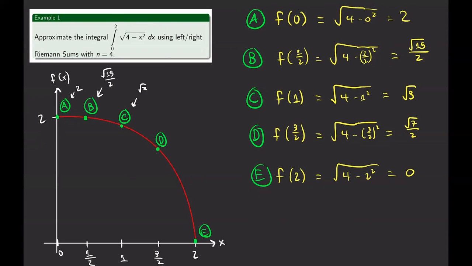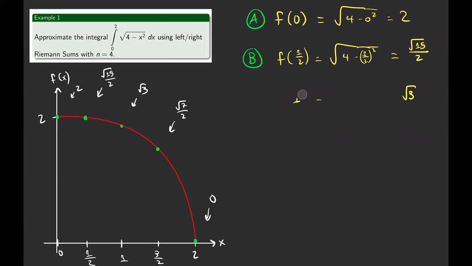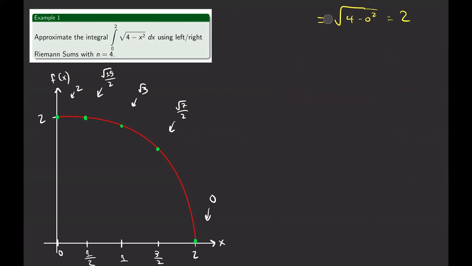We've got root 3, and we've got root 7 over 2, and we've obviously got 0 right there. So again, I'm going to copy this page. We're going to paste this. I'm going to get rid of all this right here. We've done all that. We've got our y values. Now we've got x and y values.